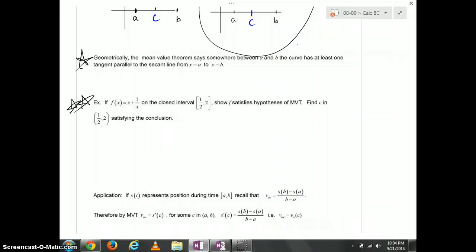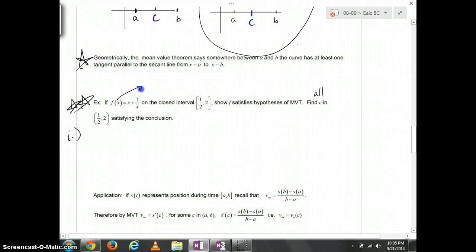It's on a closed interval from 1 over 2, comma 2, 1/2 to 2. Show that f satisfies the 2 conditions of the mean value theorem, and then find all c in that open interval satisfying the conclusion. Well, the first question is f continuous on that closed interval?